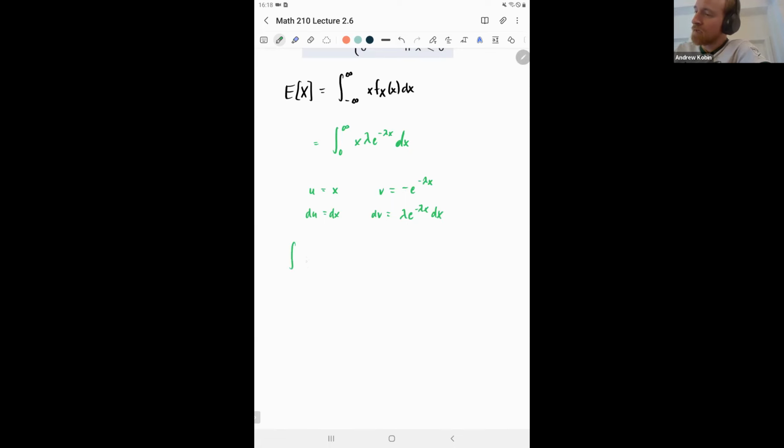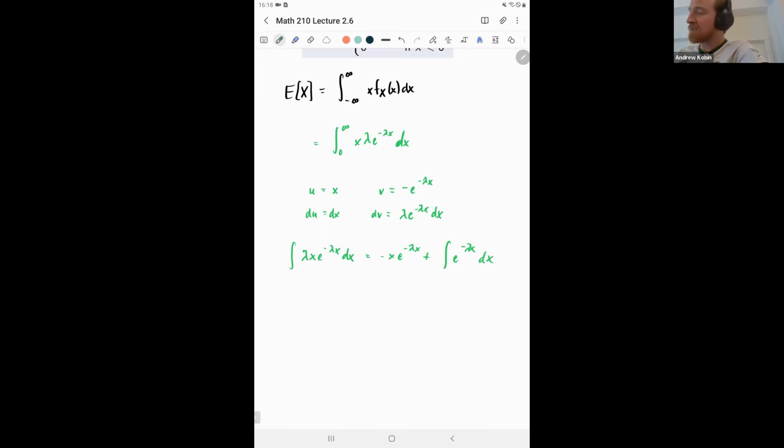So here we go. The integral of, I'm going to switch things around because I like my constants in the front, lambda x e to the minus lambda x dx is given by u times v, that's minus x e to the minus lambda x, minus the integral of v du. So v has an extra minus sign, I'll put it up front. And then du is just dx.